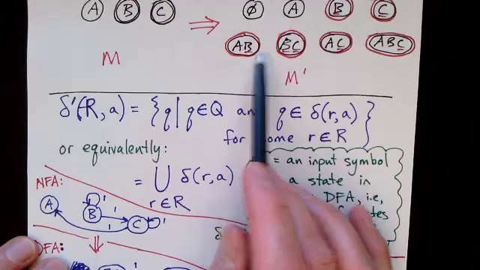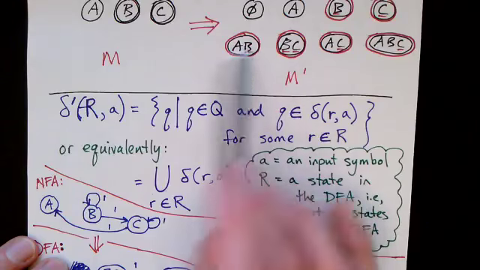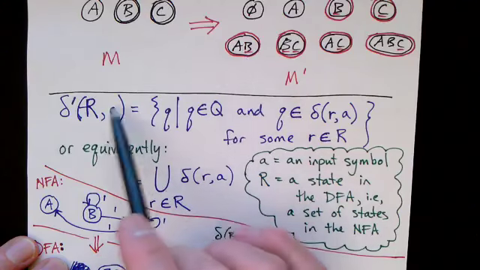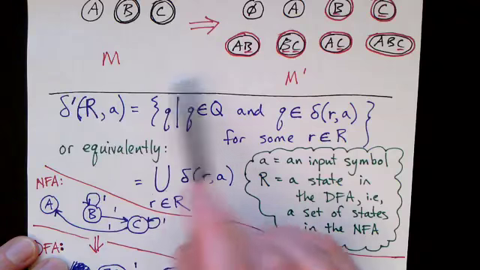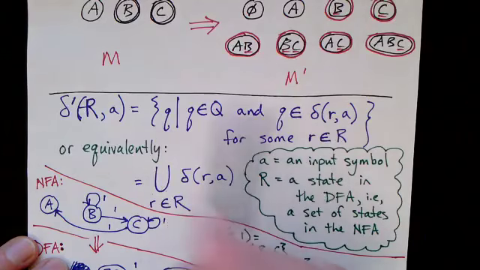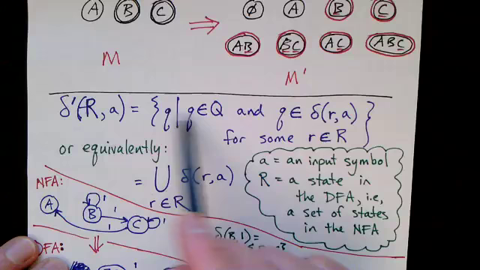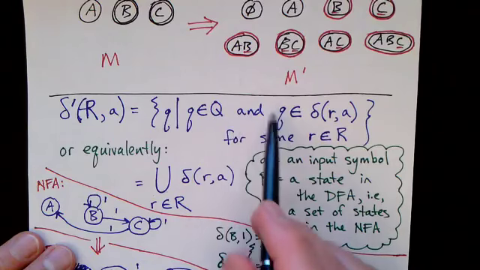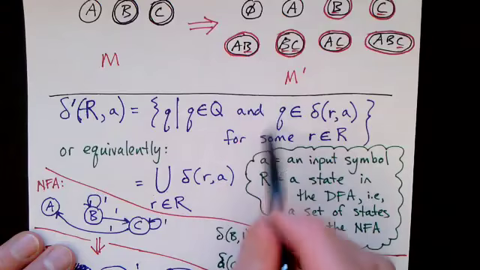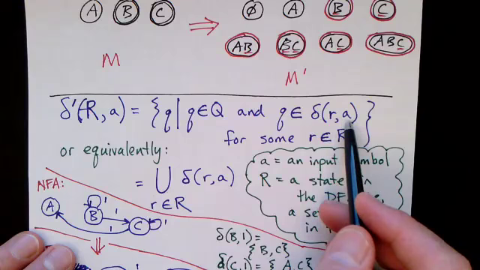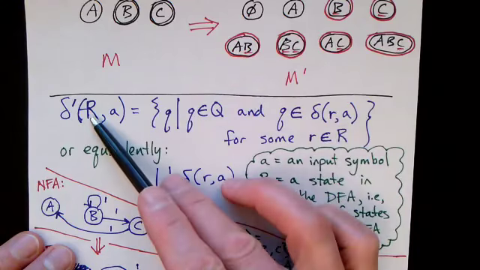So for example, we might ask, where do we go from state AB on some alphabet symbol like a? Well, AB is a set, capital R. And we say, well, we go to a set of states Q from the original machine, the non-deterministic machine, such that that set could be reached in the non-deterministic machine from one of the states in capital R.